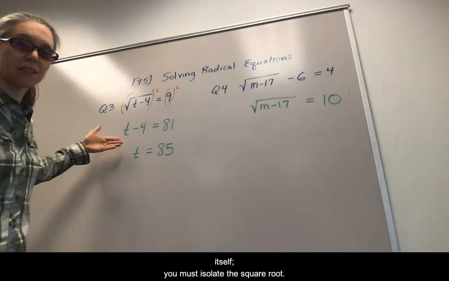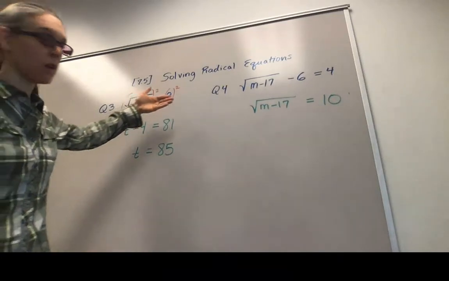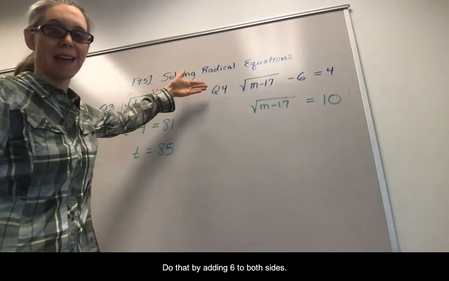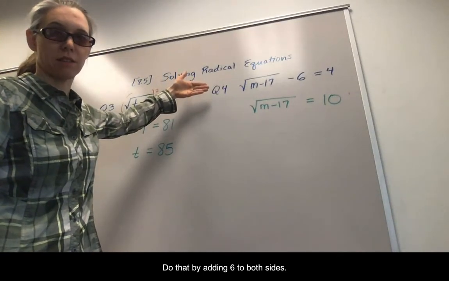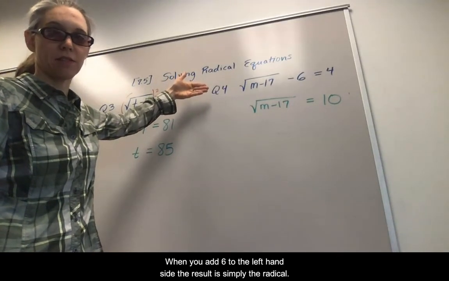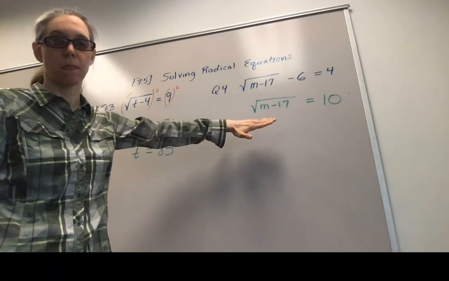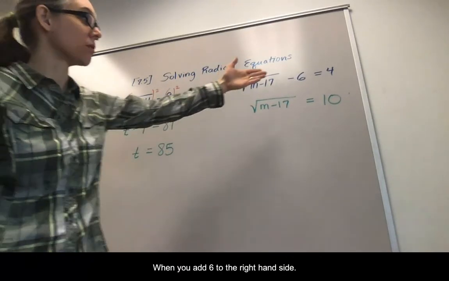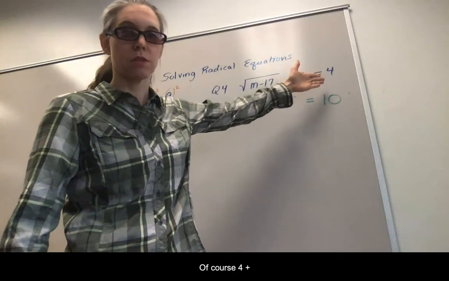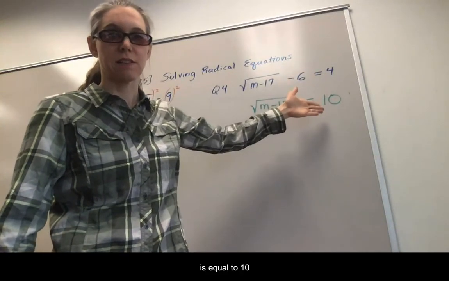We must isolate the square root. We do that by adding 6 to both sides. When you add 6 to the left-hand side, the result is simply the radical. When you add 6 to the right-hand side, of course, 4 plus 6 is equal to 10.